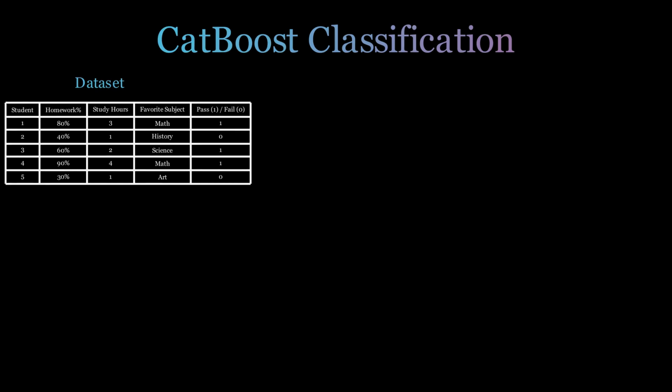We have 5 students, and we want to predict whether they will pass or fail based on their homework submission rate, study hours, and favorite subject. CatBoost handles categorical data using a technique called ordered target encoding. It converts categorical features into numerical values based on the target variable.